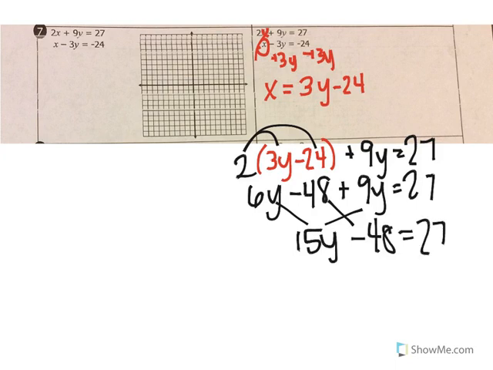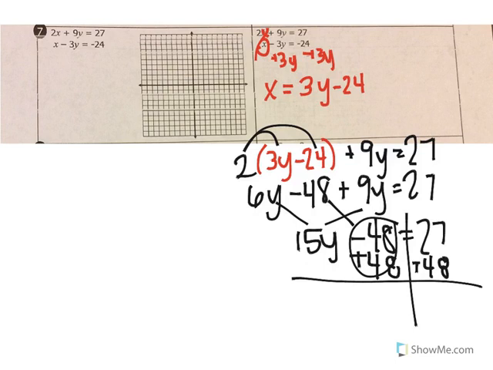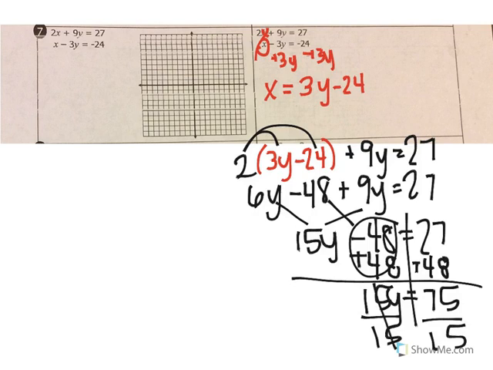And then I'll add 48 to both sides. So I end up with 15y is equal to 75. So my last step here will be to divide by 15. So y is equal to 5.